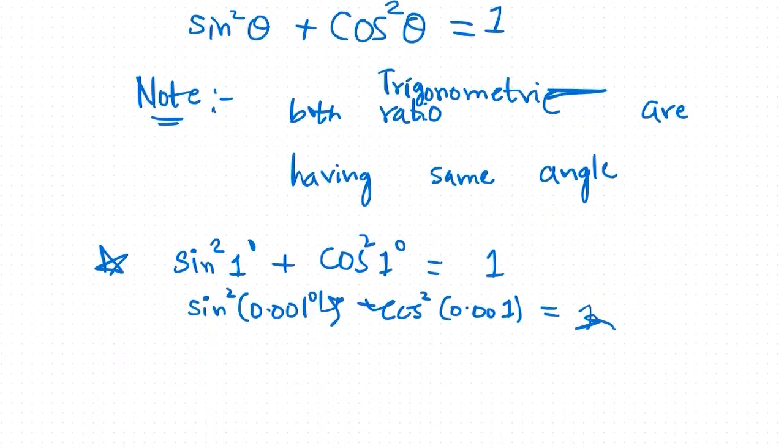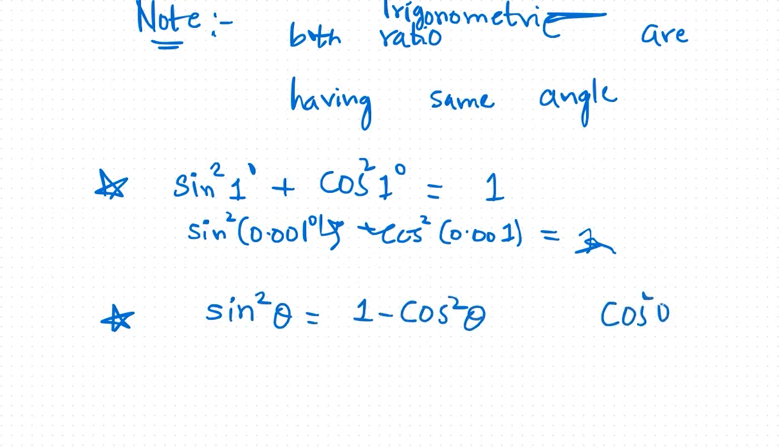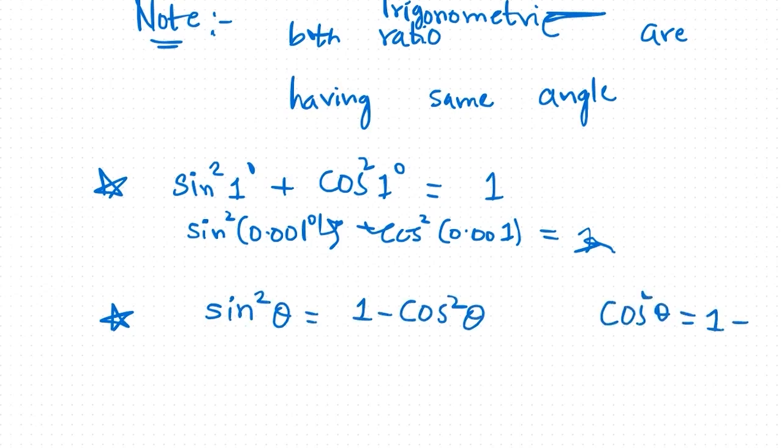From that formula alone, we can say that sine square theta is 1 minus cos square theta, and cos square theta is 1 minus sine square theta.